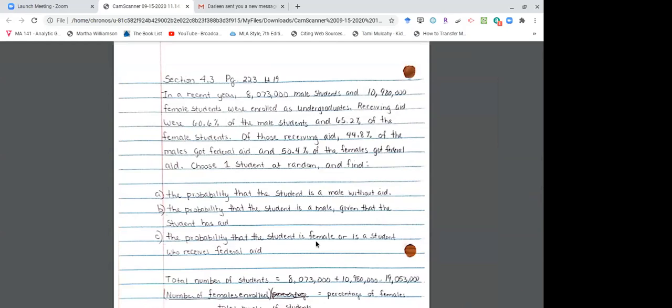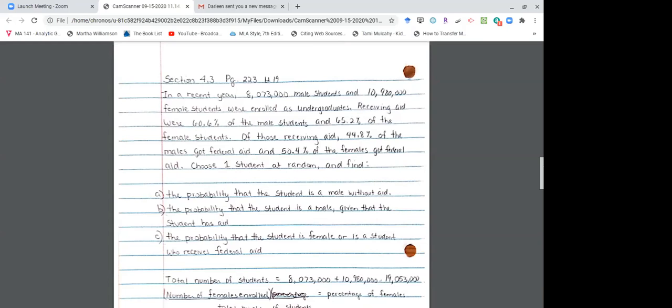So you're looking for a male, but you're not looking in the entire group because you're given that the student has aid. So what given that does is it serves like a big set of binoculars. It narrows your focus and it expands what you're looking at.